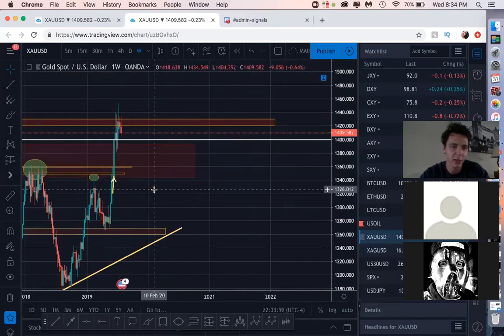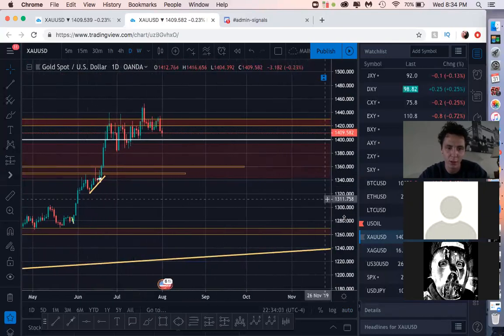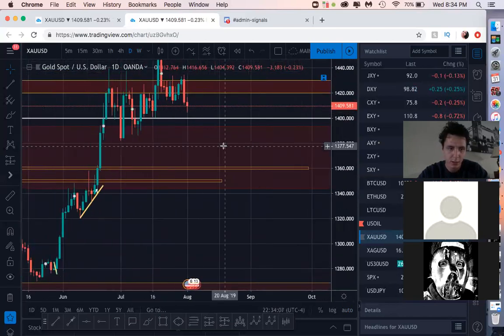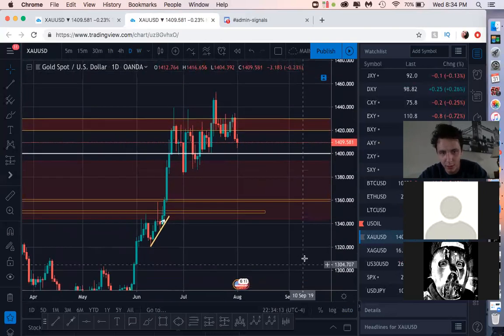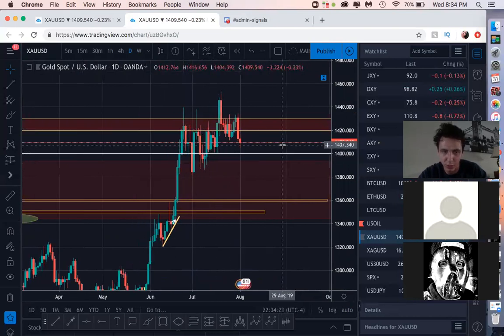And yeah, I could definitely see gold coming down to test these lows. Specifically, I'm not really looking too much at any structure forming. We definitely have some equal highs kind of panning out here, some equal lows that align with that 1400 level.